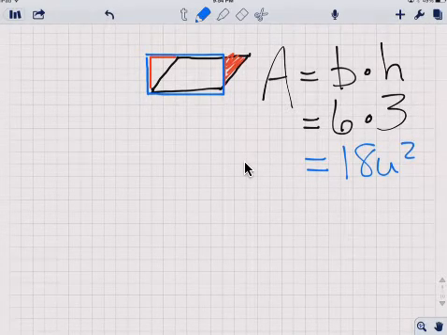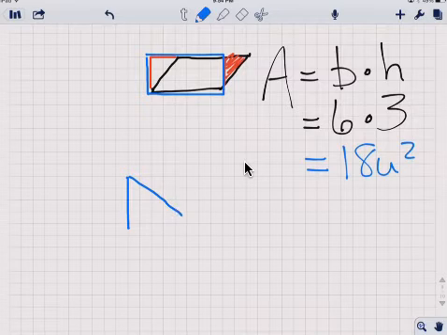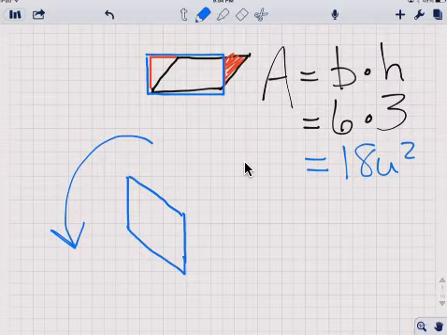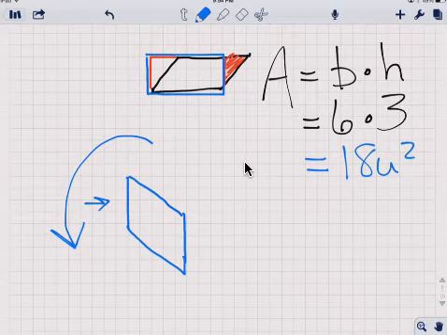Now some parallelograms you'll see the flat side over here, and then it slants this way. We got another flat side, and it slants this way. Don't get alarmed by this, okay? You can just picture in your brain this rotating back around, and that this would be the bottom side representing the base. So I'm going to count this 1, 2, 3, 4.